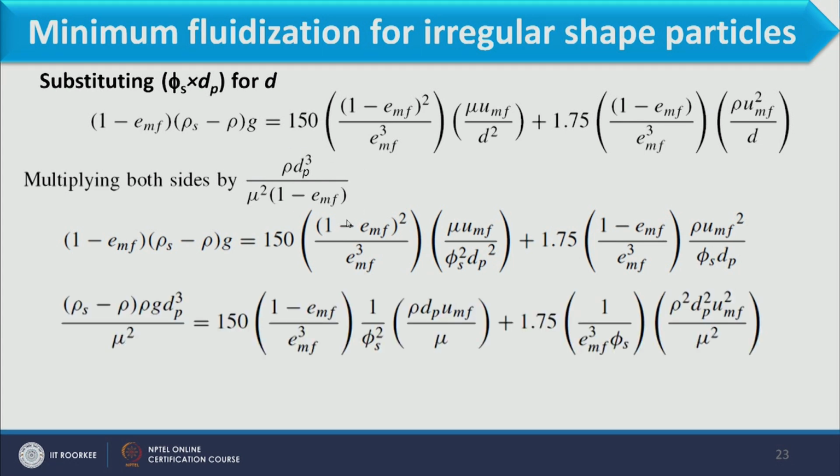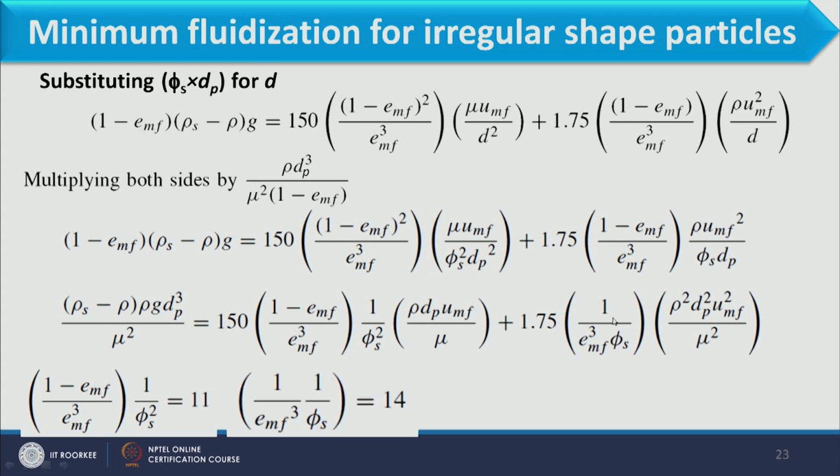Multiplying both sides by this, we can obtain this expression, and then we can replace (1 minus EMF) by EMF cube psi s square equal to 11, as we just saw, a relationship proposed by Wen and Yu, and similarly this expression we can equate to 14. So after putting in these values, and here you understand this is the Galileo number, this is the Reynolds number at minimum fluidizing condition.